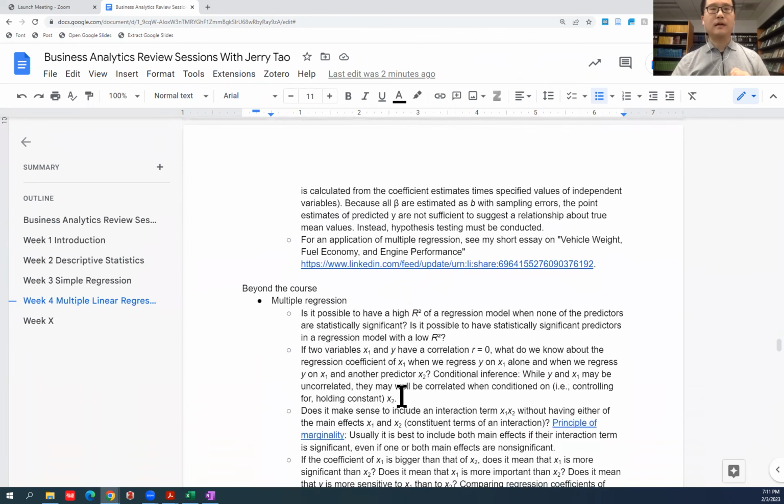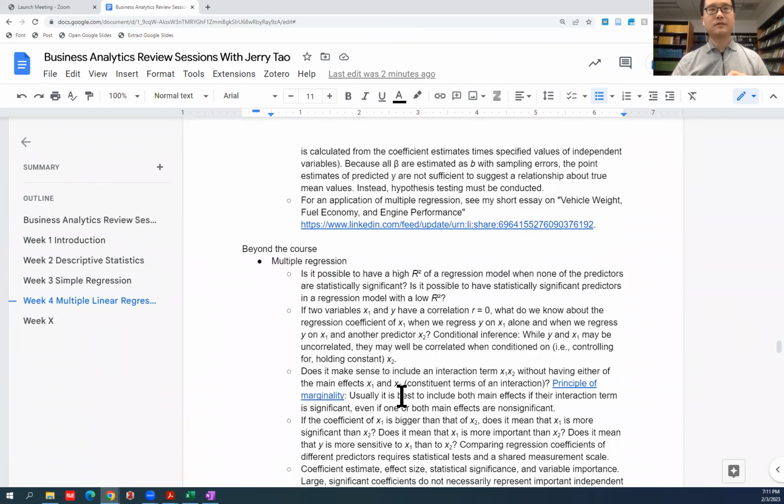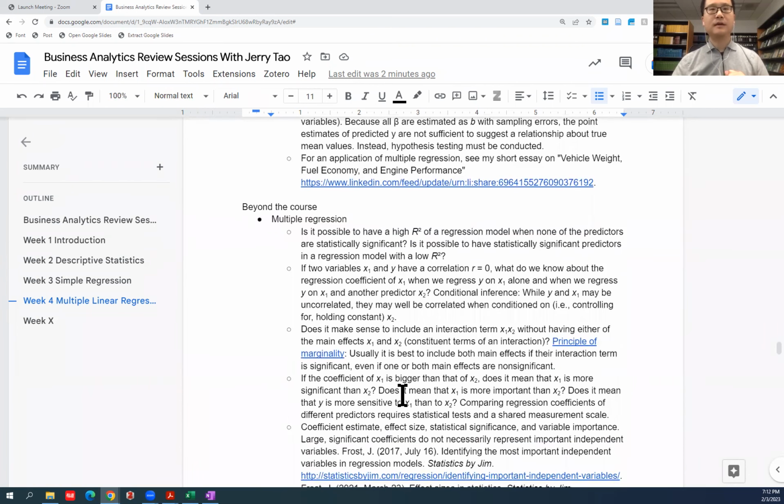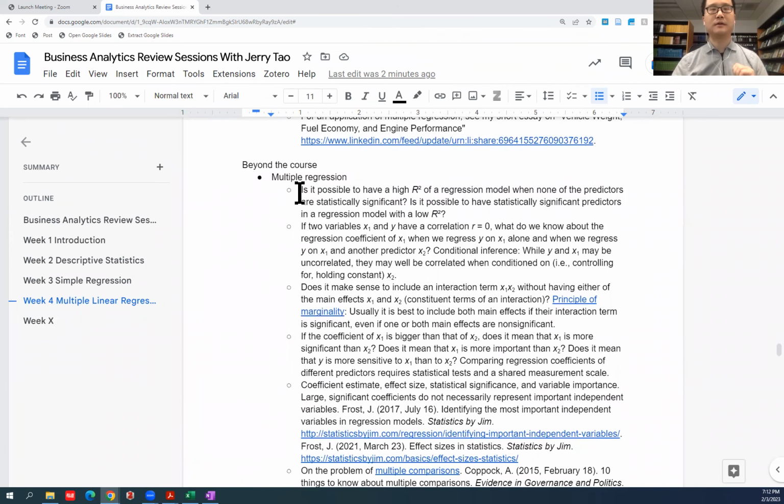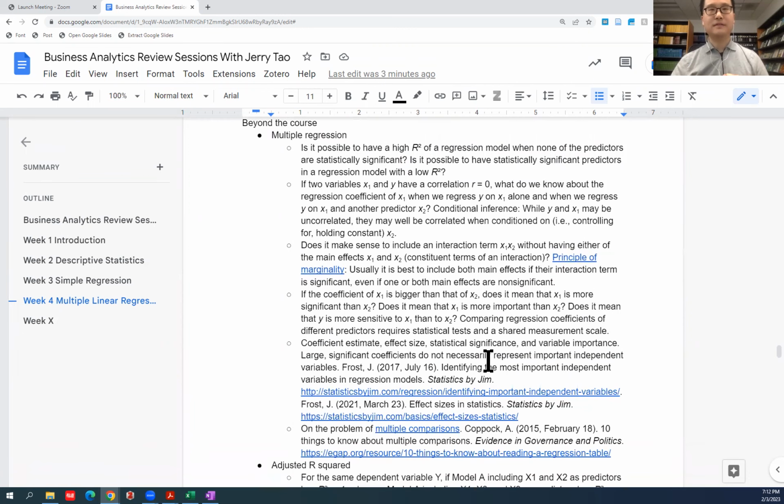I also provided some resources beyond the course that could help you understand more about multiple linear regression. I encourage you to read all of them and try to answer these questions. I don't think we will go into it, but if time allows, we can check out some of these questions.